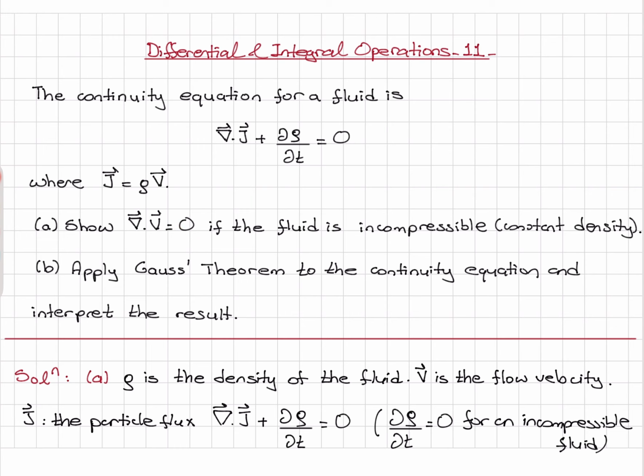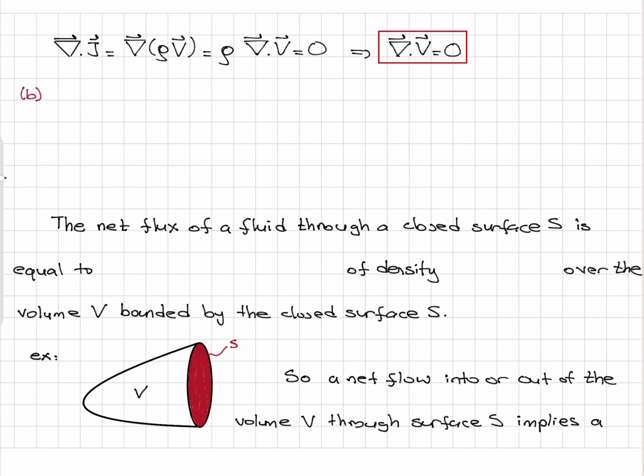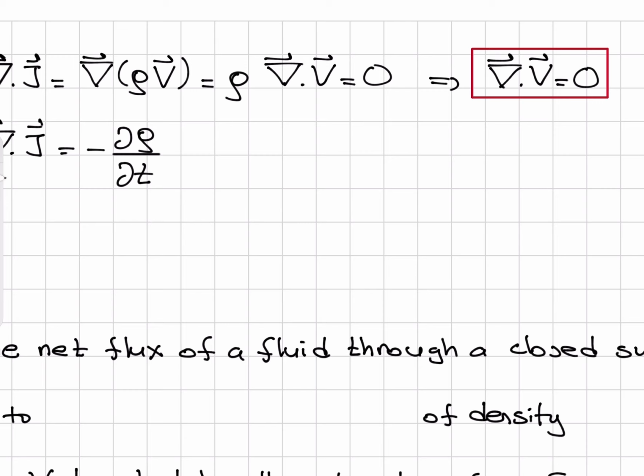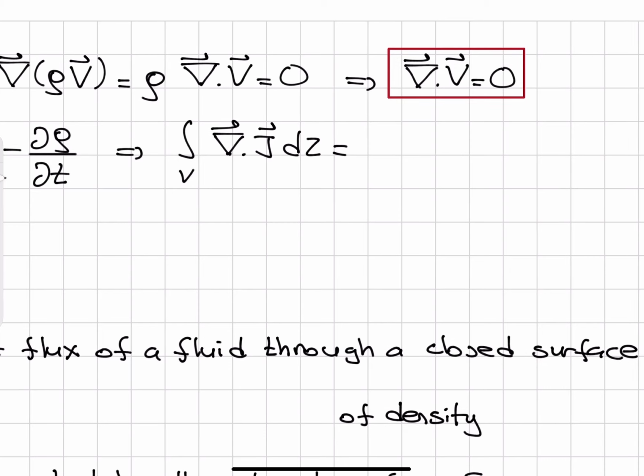Now apply Gauss theorem to the continuity equation and interpret the result. Now we have divergence of J is equal to minus time derivative of the density del rho del T. If I apply Gauss theorem, the volume integral divergence of J d tau is equal to minus the volume integral del rho del T d tau.